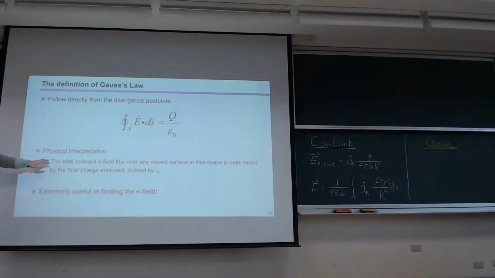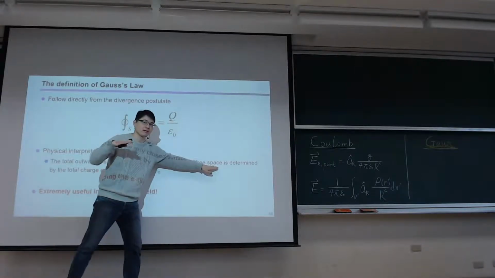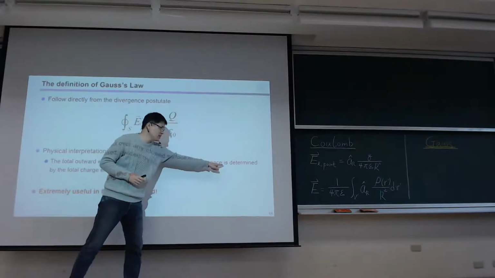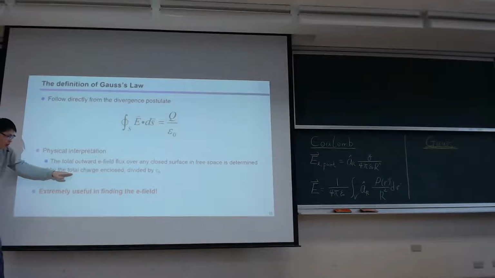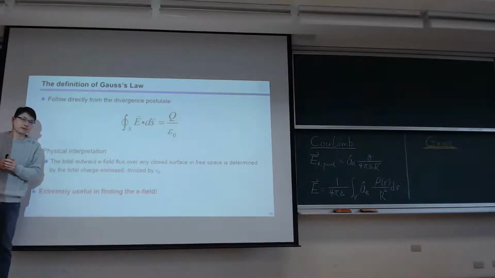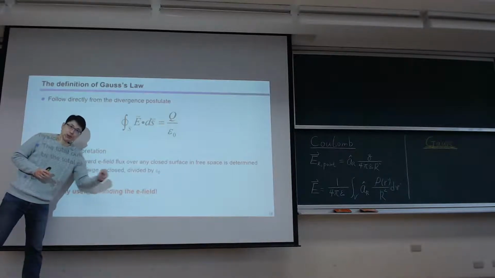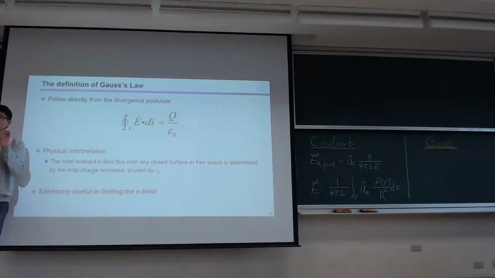So if you have the flux over any closed surface in free space, remember we're talking about free space, that E field intensity is determined by the total charge you have within this closed surface, divided by the constant. Note that this simple mathematical equation is extremely useful for you as a student to find the E field intensity distribution. Let me show you one quick example.